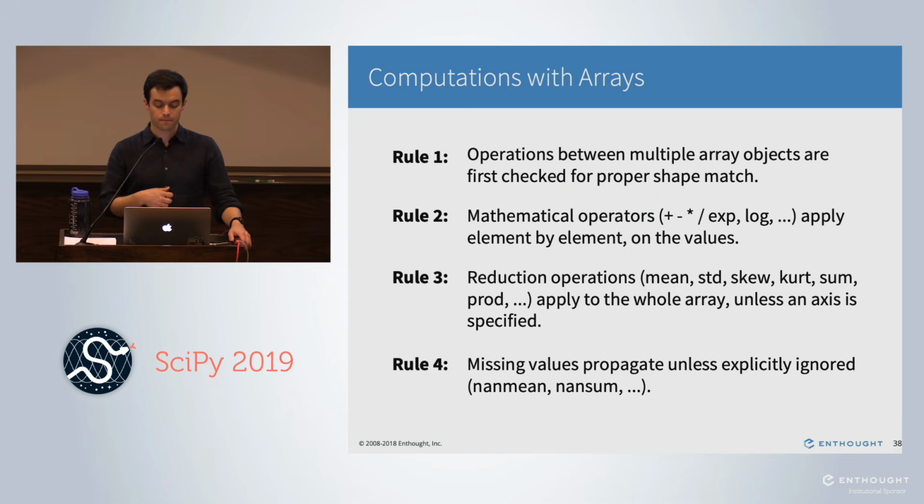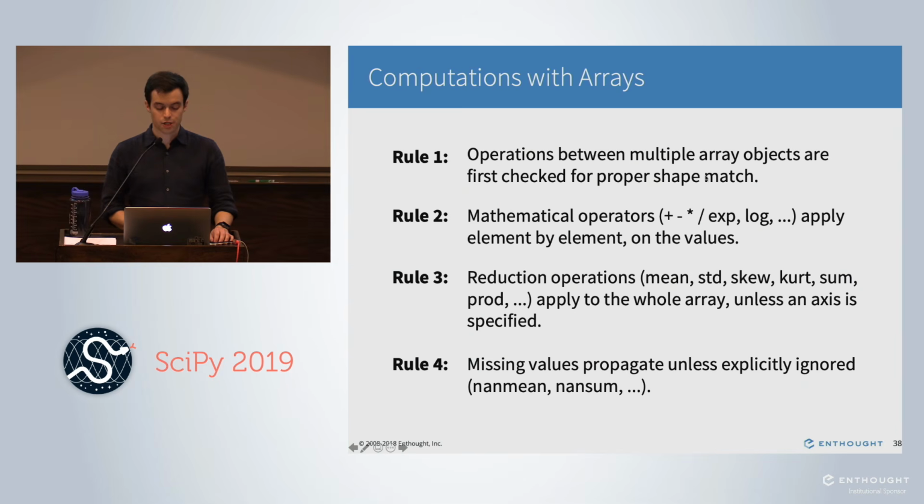The first one says operations between multiple arrays are first checked for shapes. These rules are officially called broadcasting rules. I'll get to them in a second. Let me go through these rules first, and then I'll talk about them separately.